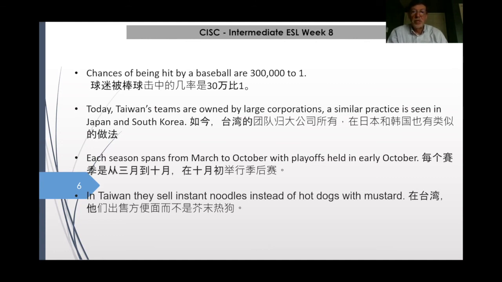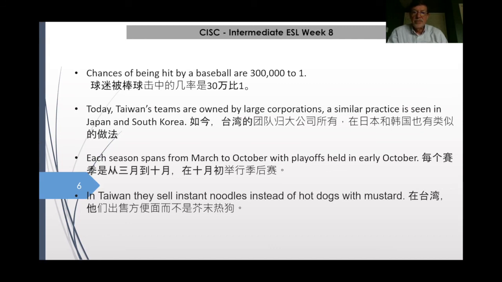It's Nintendo of America, but Nintendo worldwide owns Nintendo of America. A lot of corporations or individuals do own teams. Paul Allen was another owner of the Seattle Seahawks as an individual. But in Taiwan, the teams are run by corporations.